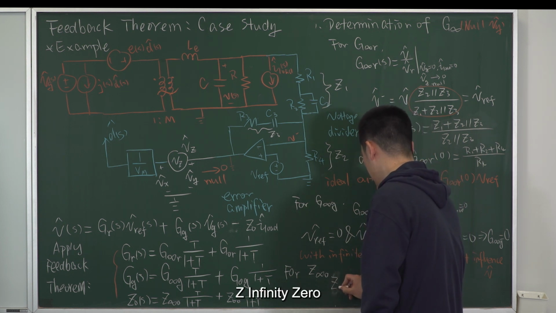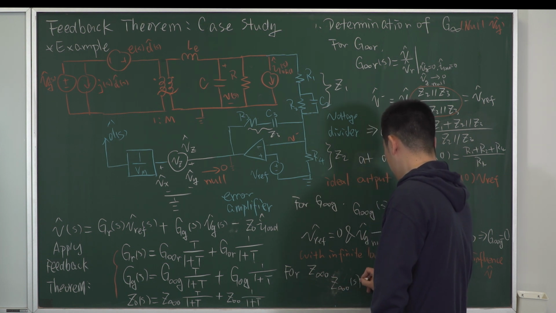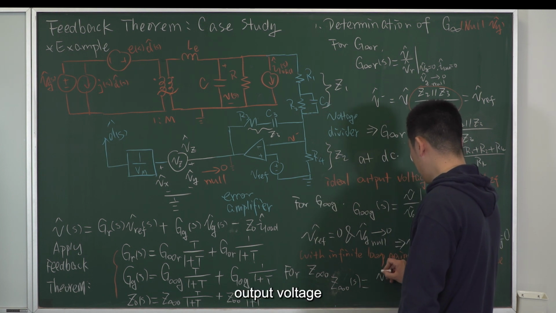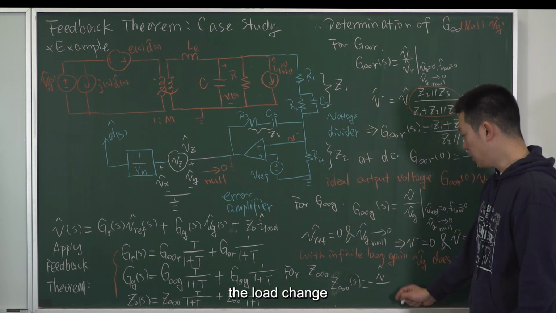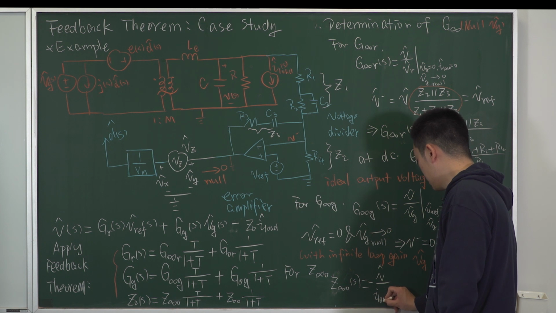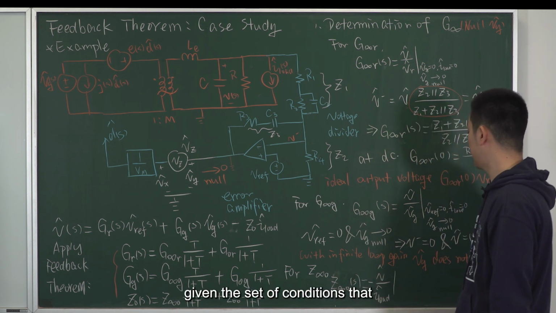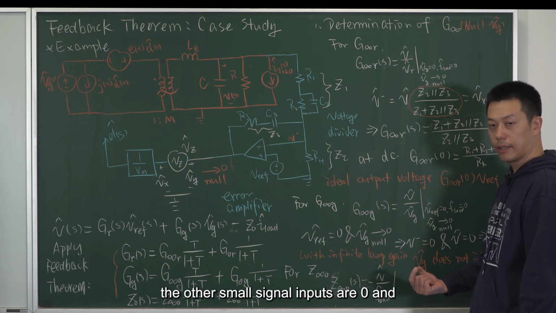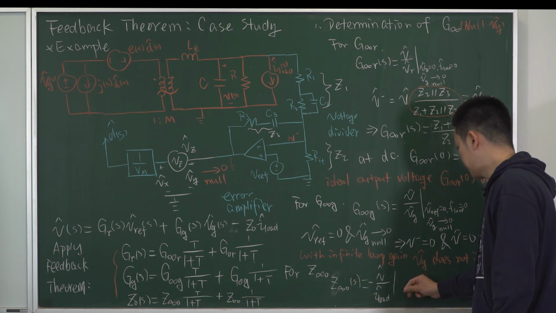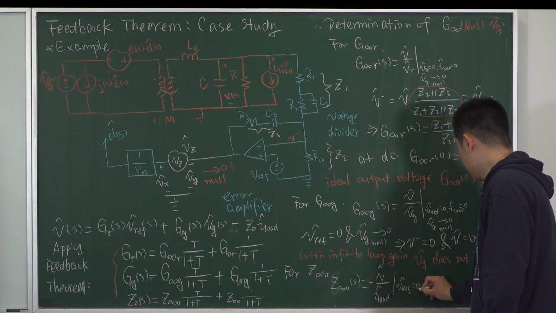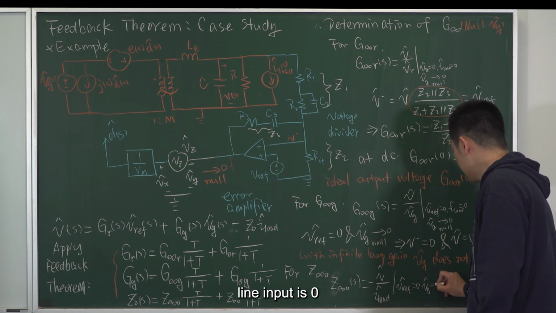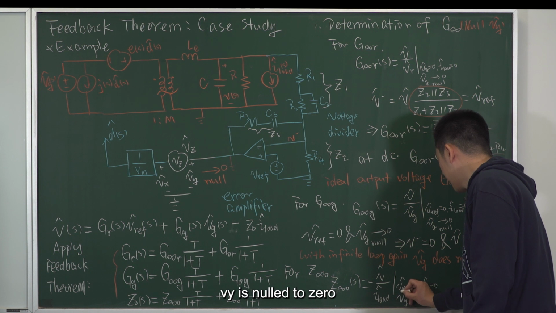Z infinity 0 equals the output voltage divided by the load change, I load, given the set of conditions that the other small signal inputs are 0 and Vy is not 0. V reference equals 0, the line input is 0, and Vy is not 0.